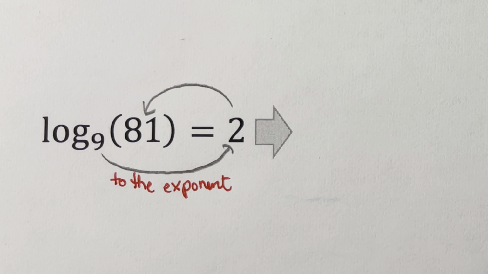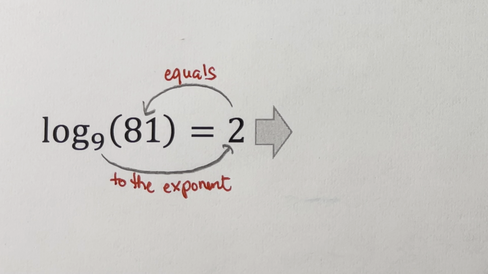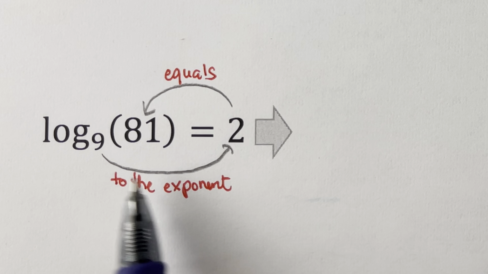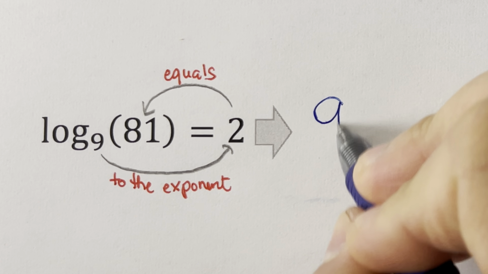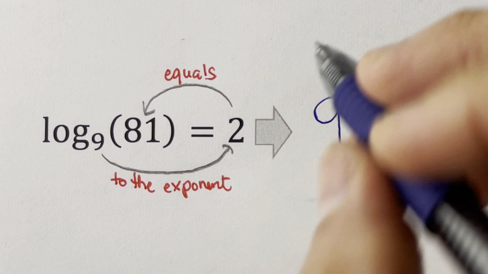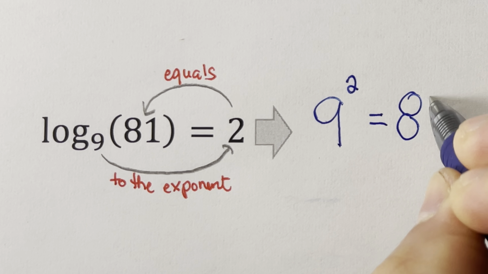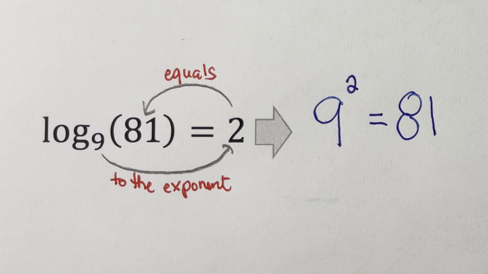So I'm going to write the word equals here. Then this equation can be expressed in exponential form: 9 to the power, or to the exponent, 2 equals 81. And that makes sense because if we multiply 9 twice, it's going to be 81.